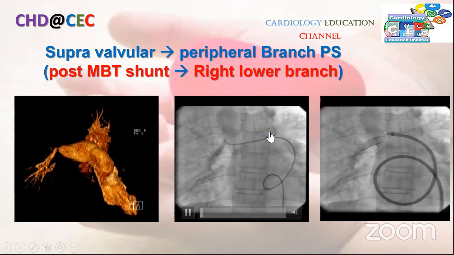So you can go either from the PFO or ASD to the pulmonary veins and try to wedge with an end-hole catheter or a balloon catheter if you have, and inject in the pulmonary veins and wait for the contrast to go back through the pulmonary vasculature to the arteries.